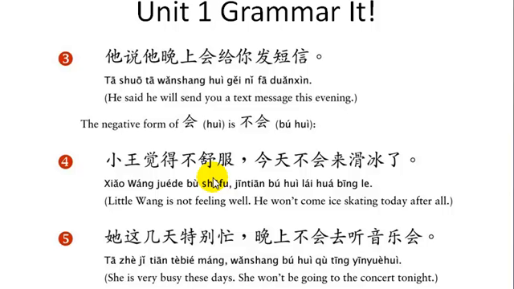They have a headache, their stomach hurts, they have a fever, or whatnot. 小王觉得不舒服，今天不会来滑冰了。I'm sorry, I misread that. 他这几天特别忙，晚上不会去听音乐会了。Okay, so she is very busy these days. She will not be going to the concert this evening.